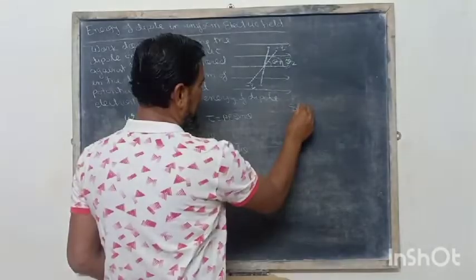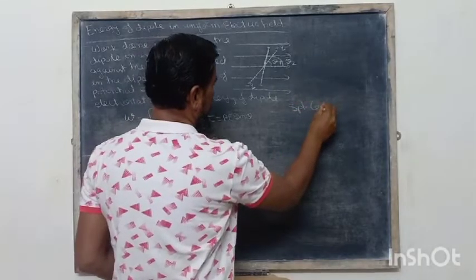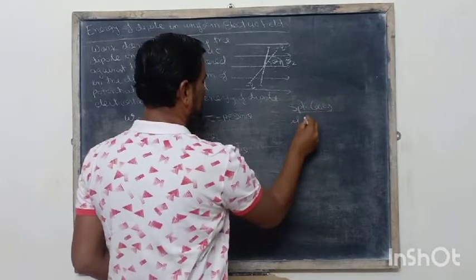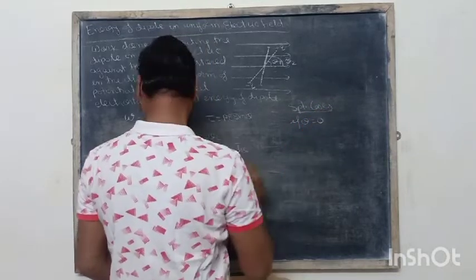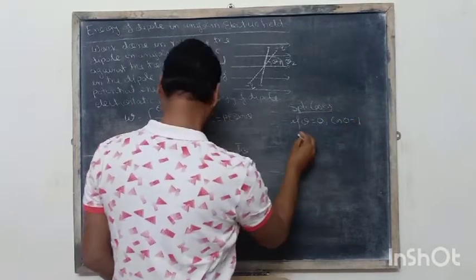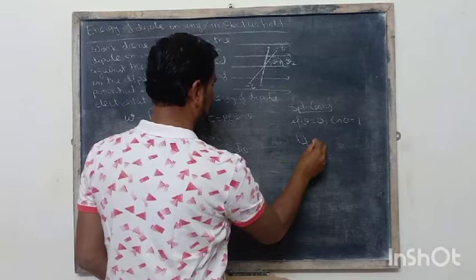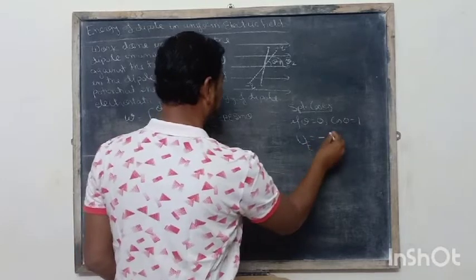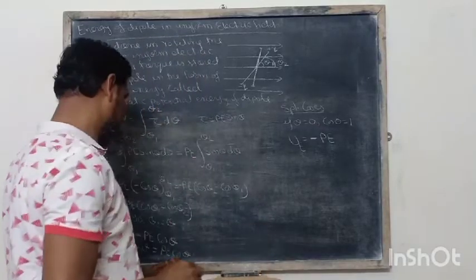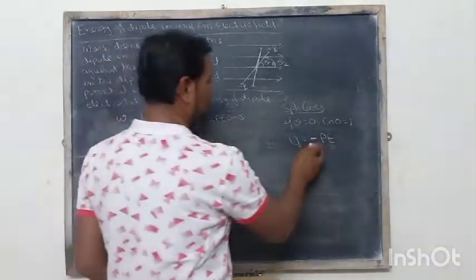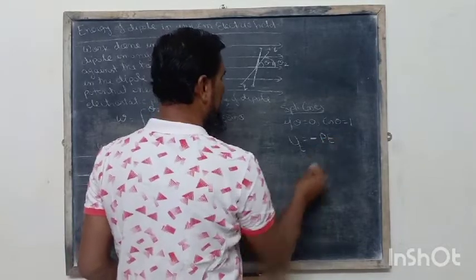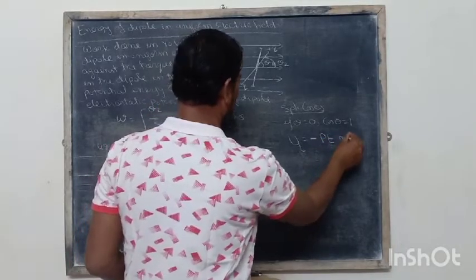Now we shall again discuss the special cases. If theta is equal to 0, then cos 0 is equal to 1, then U is equal to minus pE. This is the minimum potential energy of the dipole.